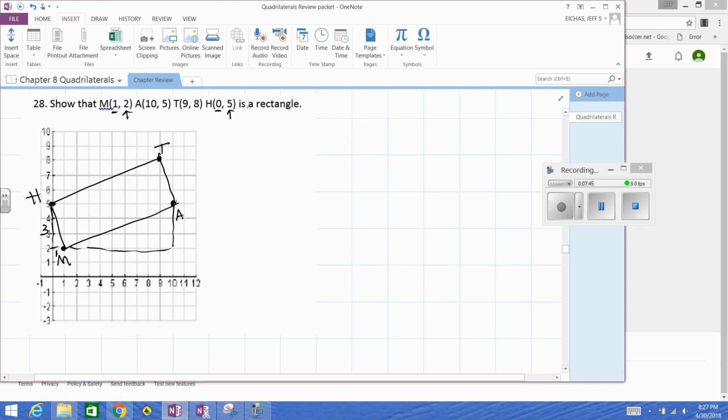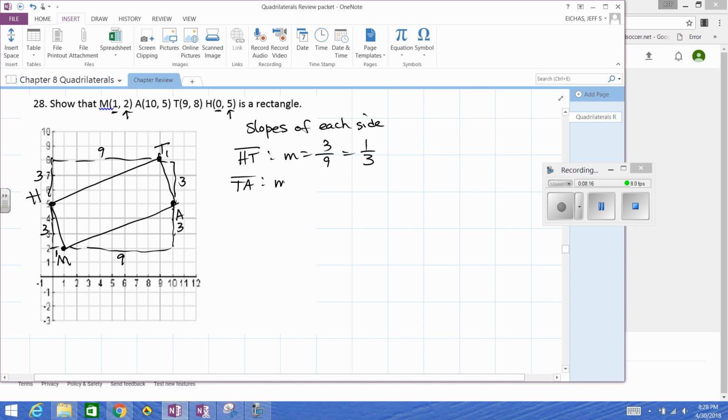So 2, 3, yeah, that's 9. 3 and 1, 3 and 9. Okay, so slopes of every side. Let's just start with HT. It is 3/9, so reduce to 1/3.